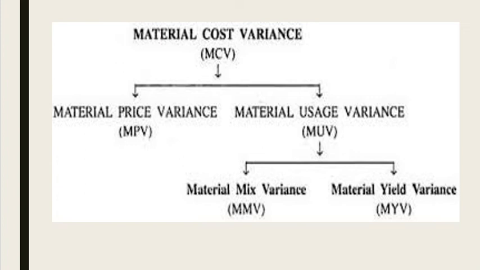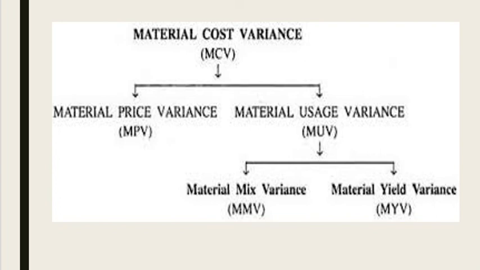From 100 it will increase to 130, 120 or something like that. So that variance between your set, which is 100, and your actual, which is 130 or 120, that 30 or 20 difference is nothing but material cost variance, which is incurred from the difference between standard and actual.